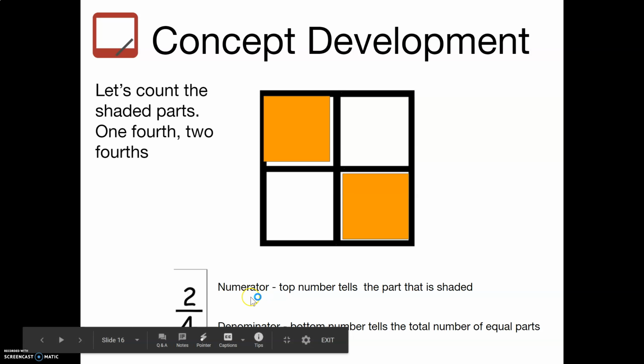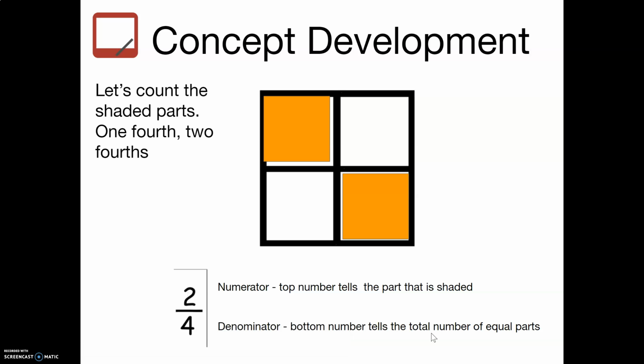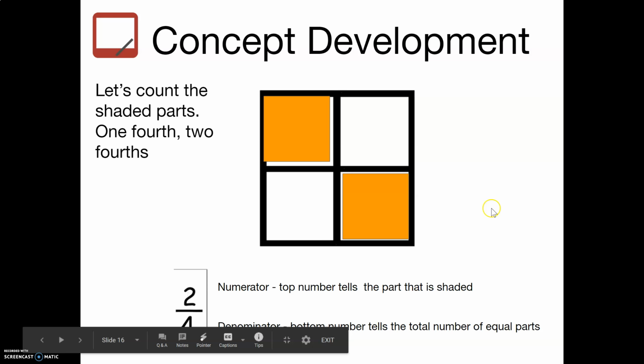Remember, the numerator, the number at the top of our fraction, tells the part that is shaded in this fraction. The denominator will always tell the total number of equal parts. So 2/4 are shaded, or 2 out of 4 parts are shaded.